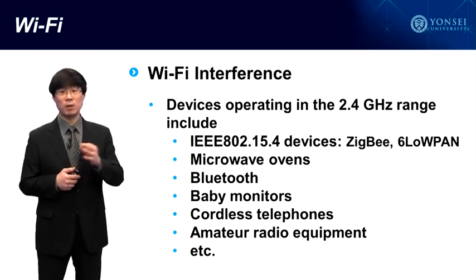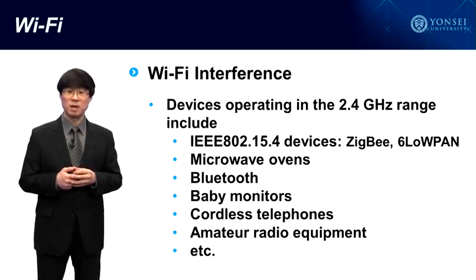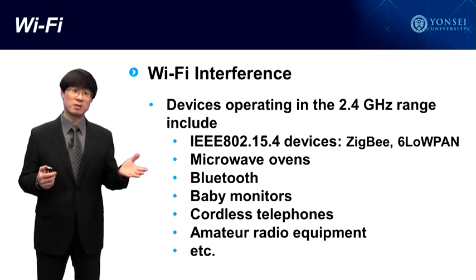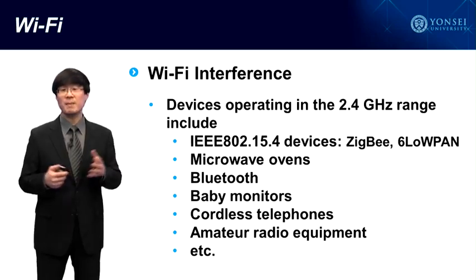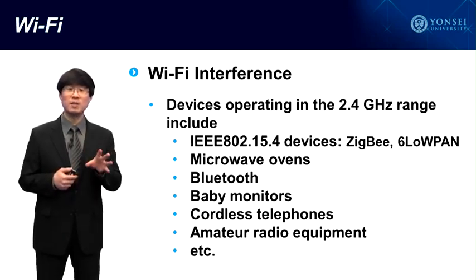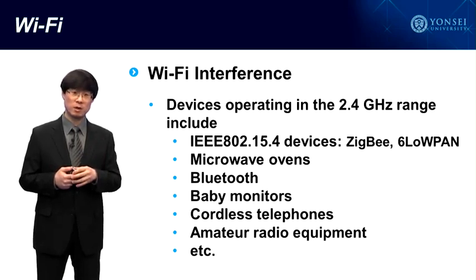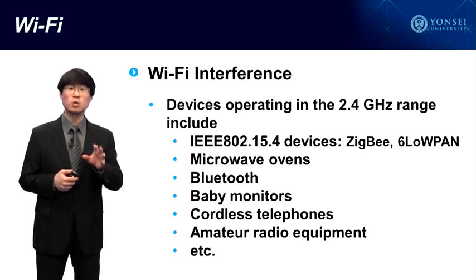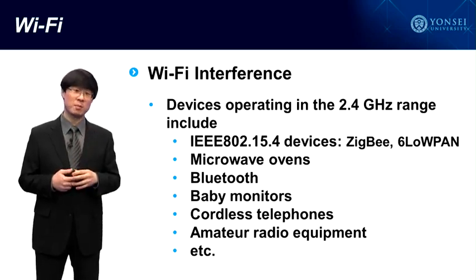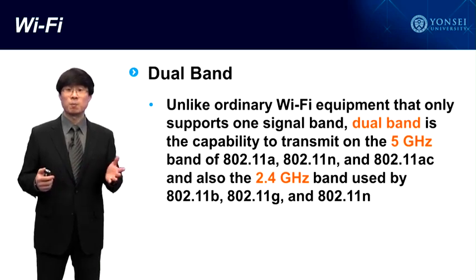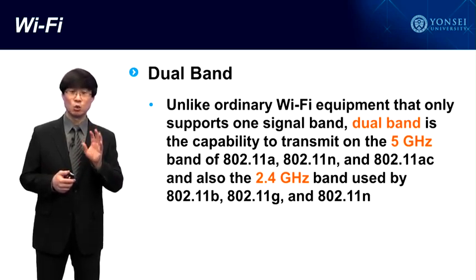So naturally, they would have some type of interference. Microwave ovens, Bluetooth, baby monitors, cordless telephones, amateur radio equipment: all of these work in the 2.4 gigahertz range, and they are going to result in some type of interference to our Wi-Fi devices.